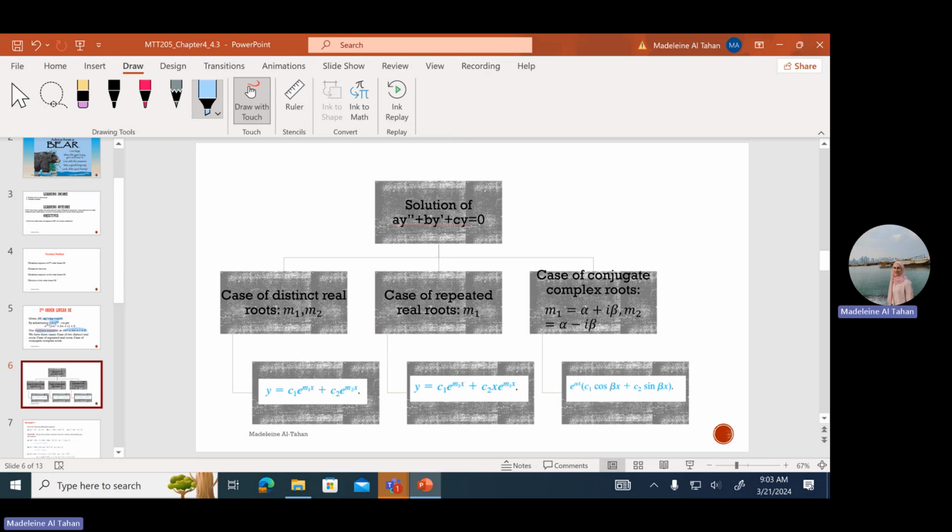But we are saying independent. If you wrote them both, the Wronskian would be 0, right? We want them independent. So to remove the dependency, we multiply by x. And the last case, if the roots are complex, the solution can be written in this way.